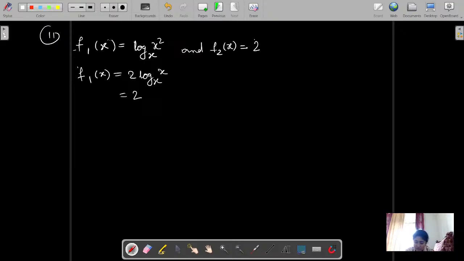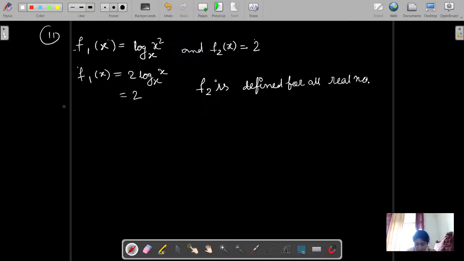So it is defined for all real numbers. This f2 is defined for all real numbers.